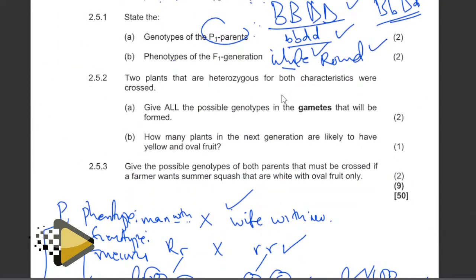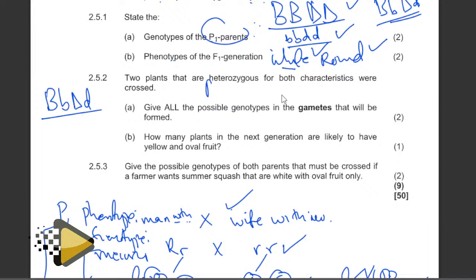They're saying that the two plants are heterozygous for both characteristics and were crossed, meaning that I have capital B, small b, capital D, small d. So this is what I have. If they are crossed, we need all possible genotypes of the gametes.